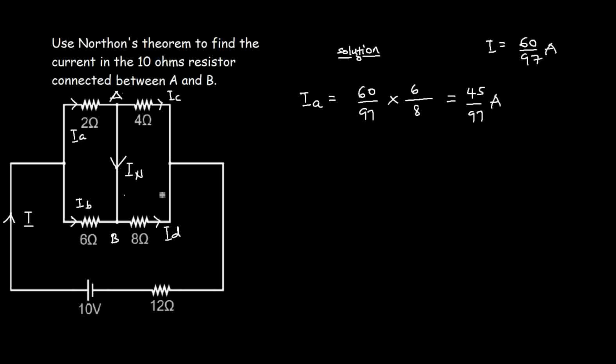Okay, and then we have another current here, IB. Calculating IB, I have IB equal to 60 on 97, the same current division rule that we are applying here, times 2 divided by 8, because you are finding the current in the 6 ohms resistor. So let's see the value of this also.